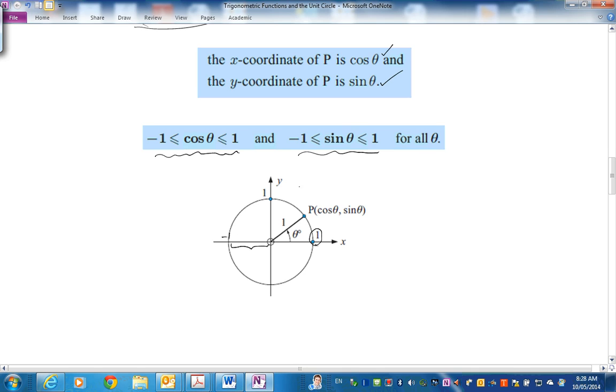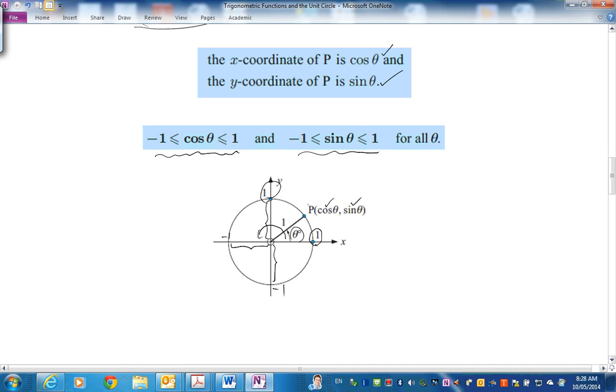That's 1, or 1 unit radius. That's the maximum value of y. This is the minimum value of y, or radius of 1. So we could summarise it with this diagram. There, the x-coordinate is the cos, the y-coordinate is the sine, with the angle just going round and round.